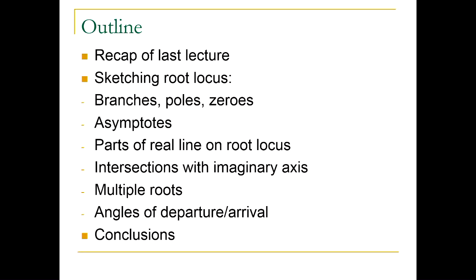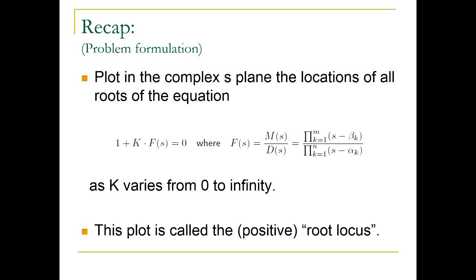So you will already have seen all of these last lecture, and today we want to just present rules, formulas on how to actually plot these for an arbitrary system, and then we will wrap up with conclusions.